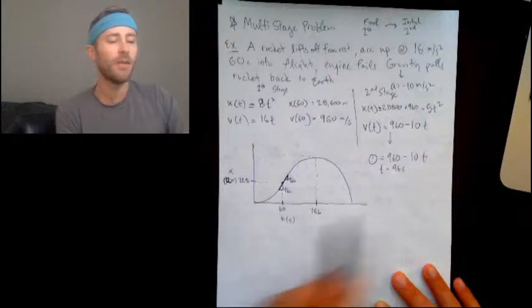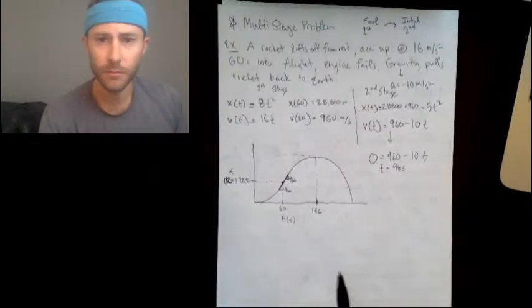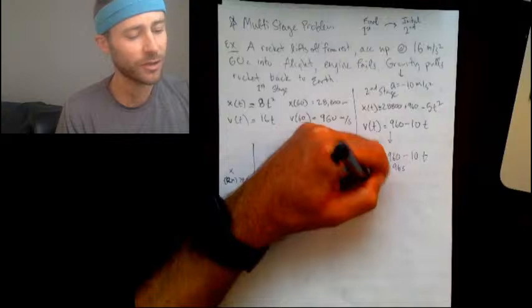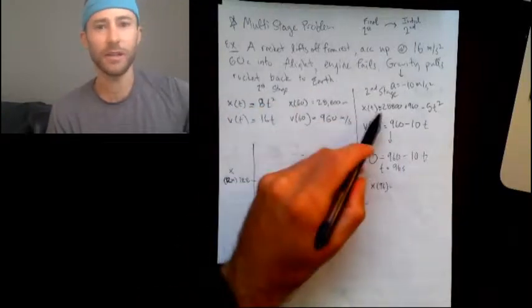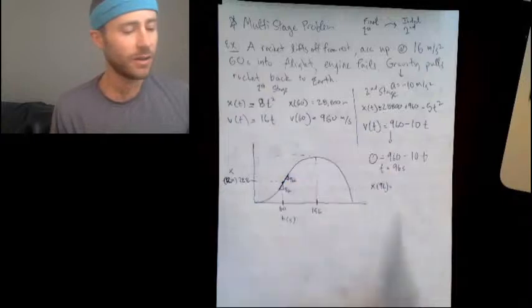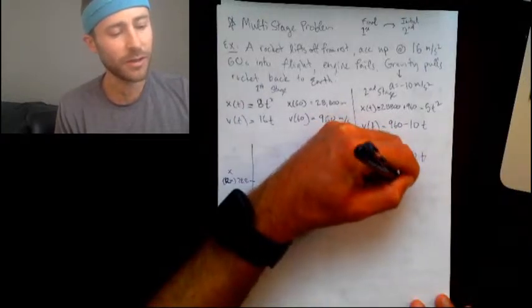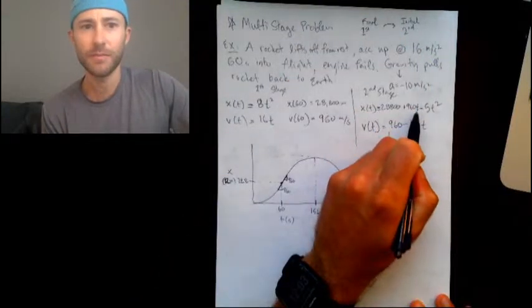And then we figure out what the position was at 96 seconds. So x of 96, plugging it into that equation. Okay, so 28,800 plus, there should have been a t here. I didn't put the t in there.